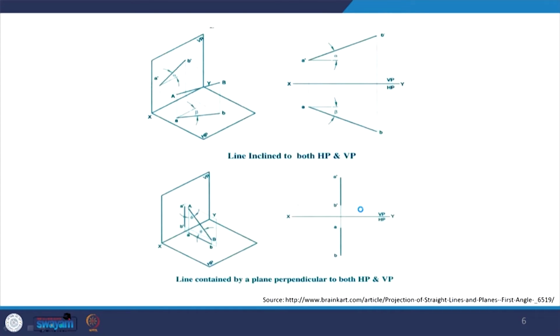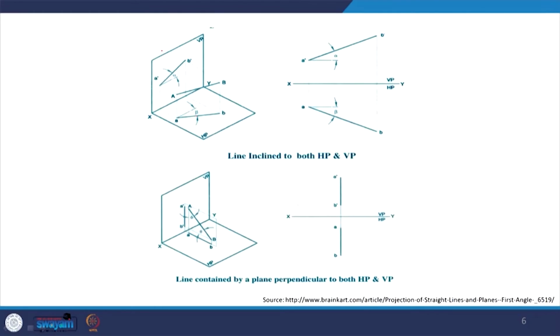Now, what if the line is inclined to both the planes? So, we might have a line which is say like this. It makes a certain angle with HP and it also makes an angle with VP. Now, it will be making certain angles, say alpha and beta, with the horizontal plane and vertical plane, but in reality what we will be seeing here as a projection will not be these angles alpha and beta.